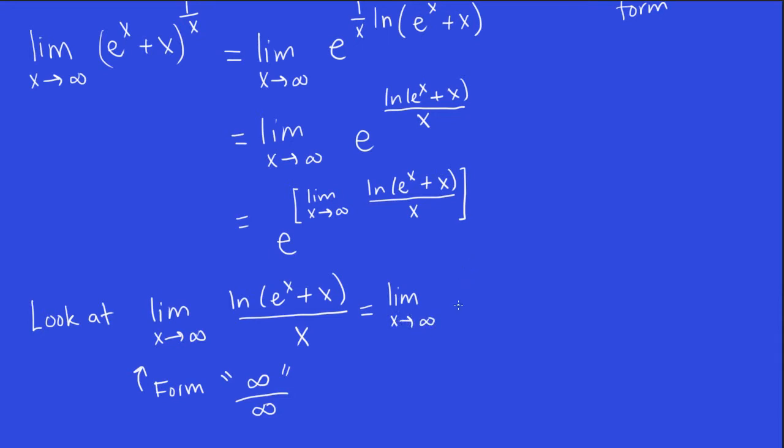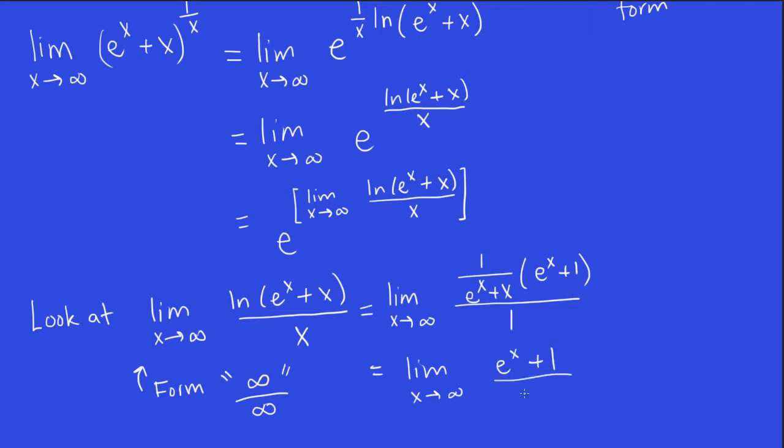What is the derivative of the top? 1 over e to the x plus x, times the derivative of e to the x plus x, which is e to the x plus 1. That's the derivative of the top, and the bottom derivative is just 1, right? Let's simplify this a bit. We can write this as e to the x plus 1 over e to the x plus x.